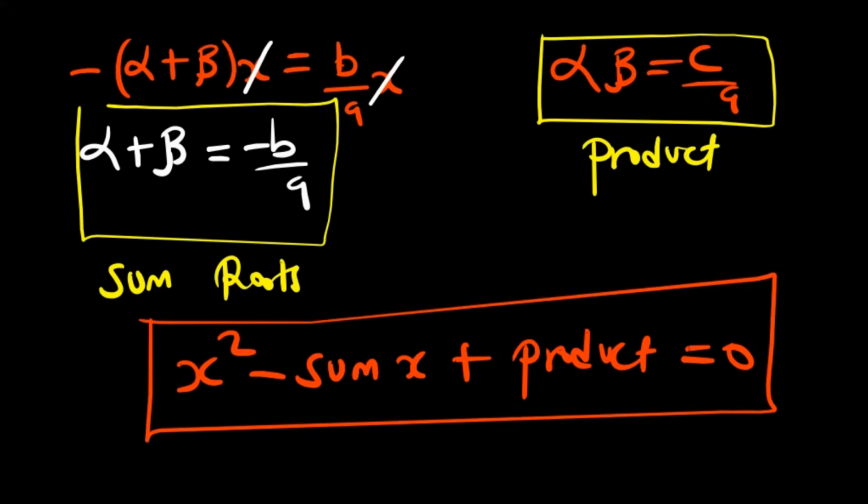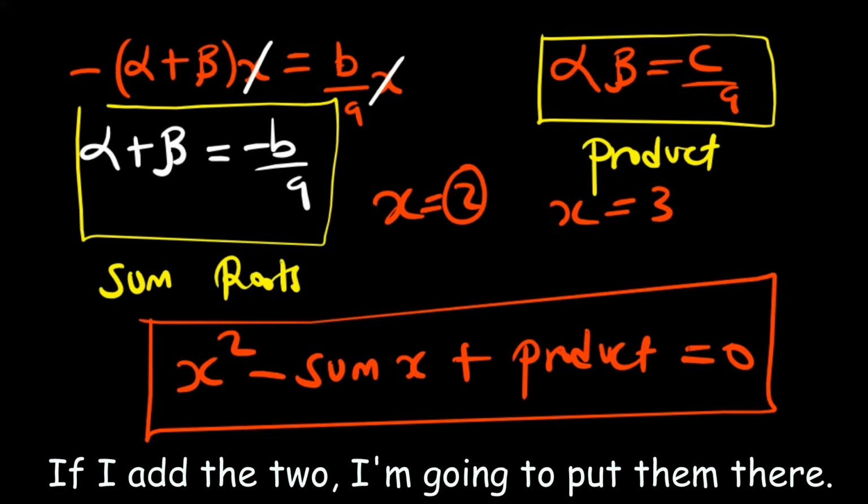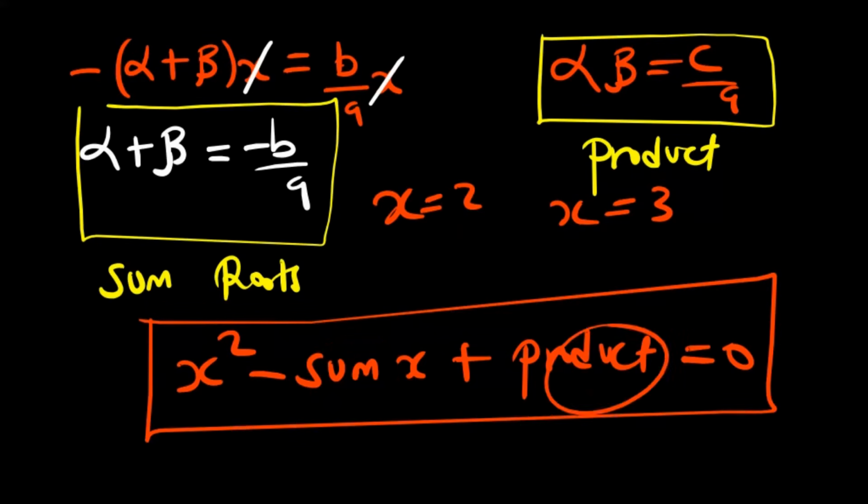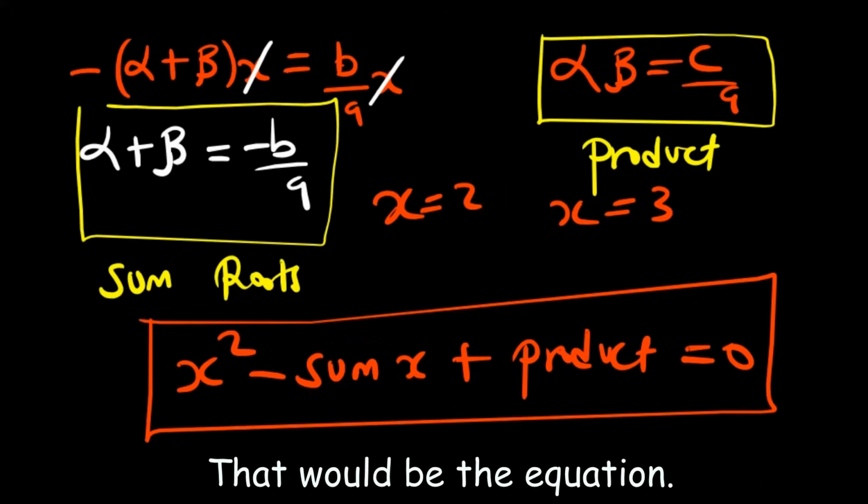Let's say x was equal to 2 and x was equal to 3. For the sum, add the 2 and 3, and for the product, multiply them and put the 6 there. That will be the equation.